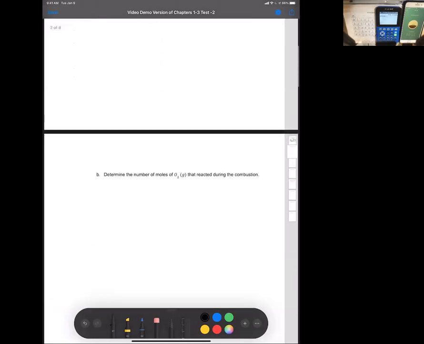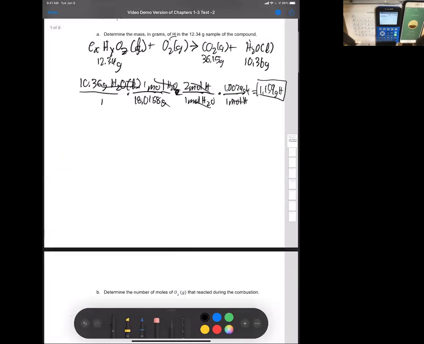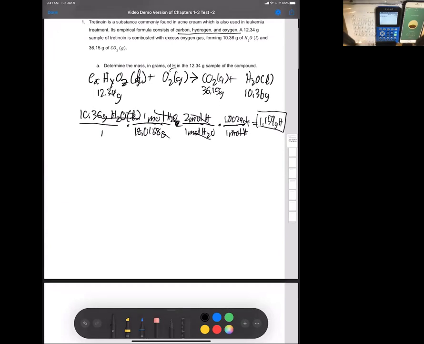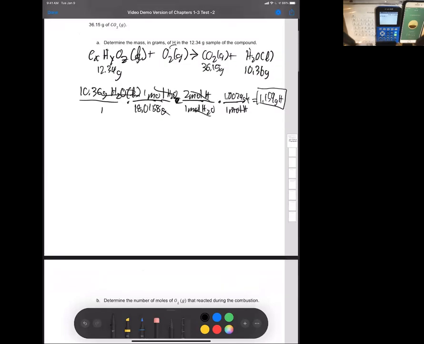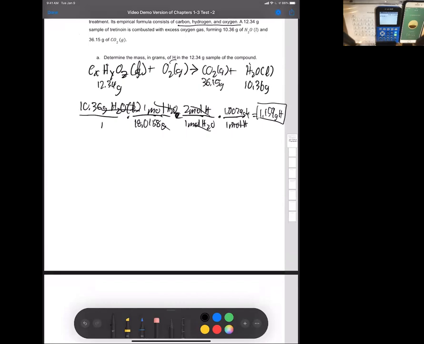The next question: moles of O2 that reacted during combustion. We know how much O there is here, and the O2 is an unknown mass. So again we use conservation of mass: mass on the right is going to equal mass on the left.